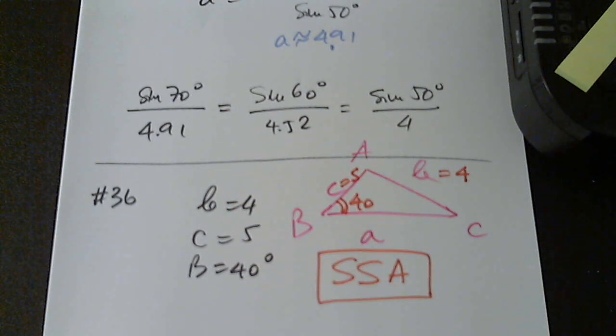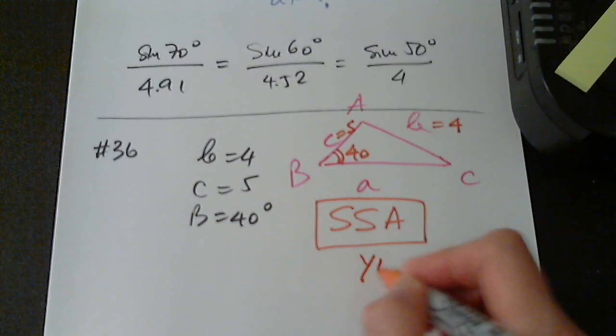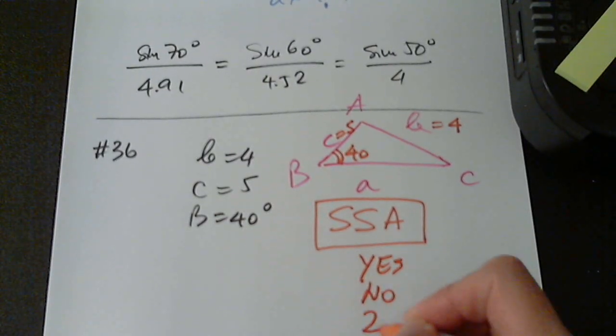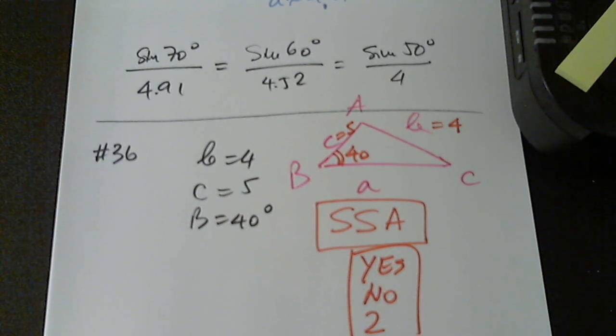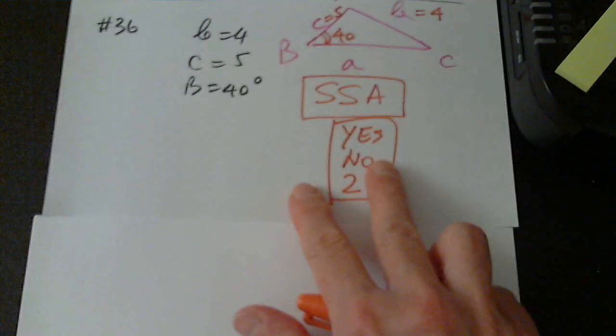Okay. So we have three situations possible here. The ambiguous case can be yes, it exists, and it's one. No, there is no such thing. It's impossible. Or there are two triangles that satisfy the given conditions. Okay, so let's see what happens here.